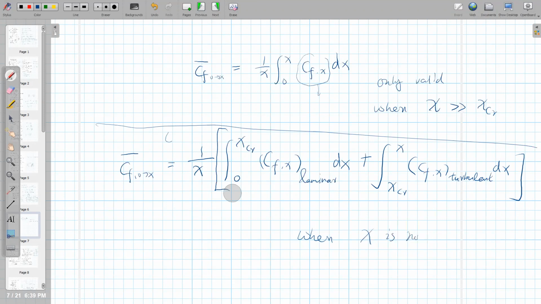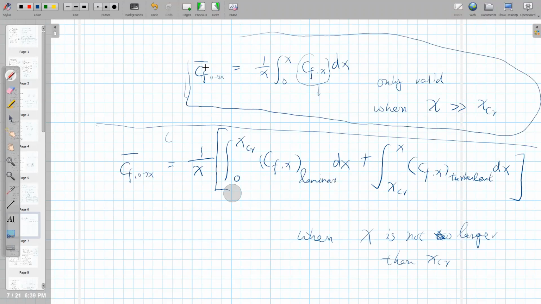Okay, so this is for when x is not too much larger than xCr. What I want to say is that the equations you got from the lecture notes, like this CFX average, like this Nusselt number average for turbulent quantities, you just assume that x, your plate length, is much larger than the critical location.